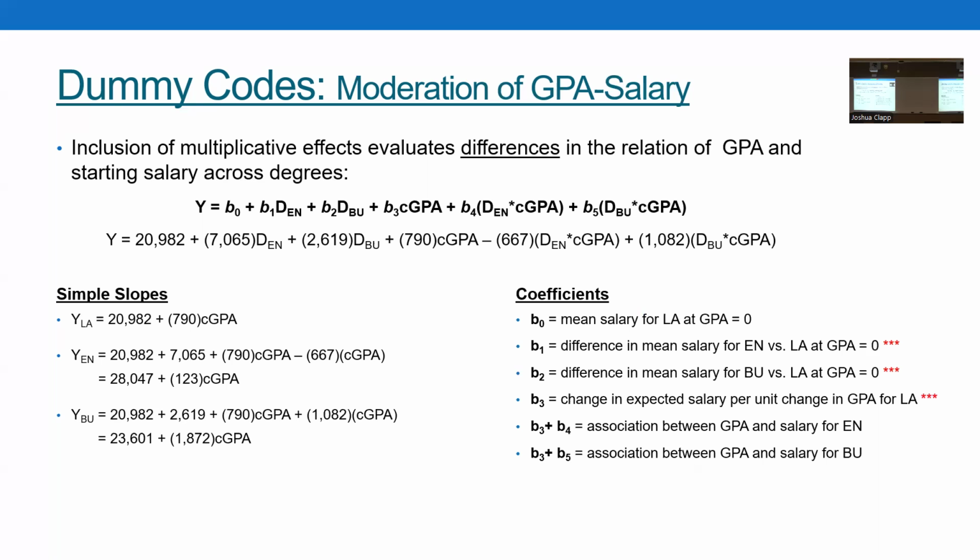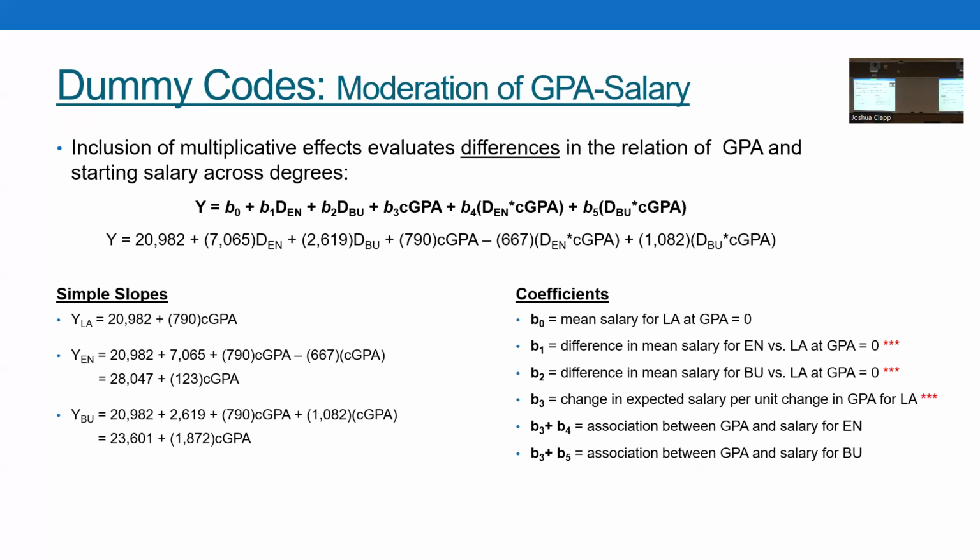So again, if I'm looking at my main model here, my intercept is just the mean salary for liberal arts at GPA equals zero, which is mean GPA, right? Here we get the difference in mean salary for engineering versus liberal arts at average GPA, and the difference in mean for business versus liberal arts.